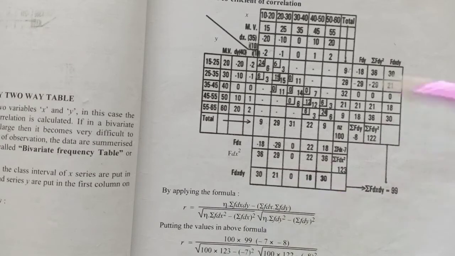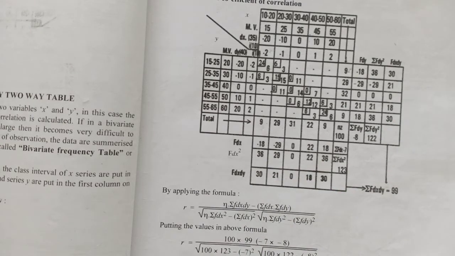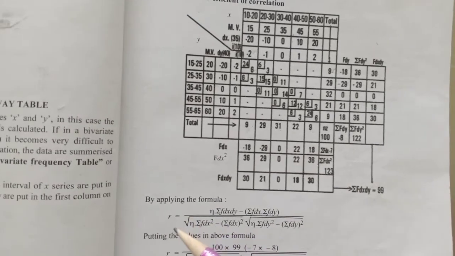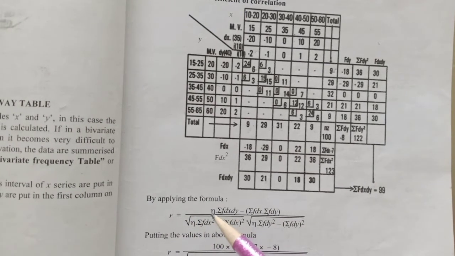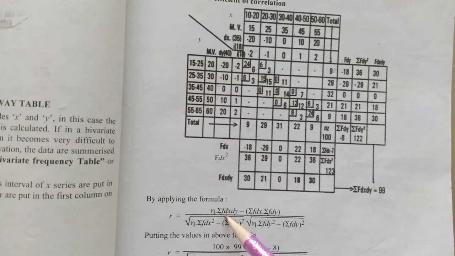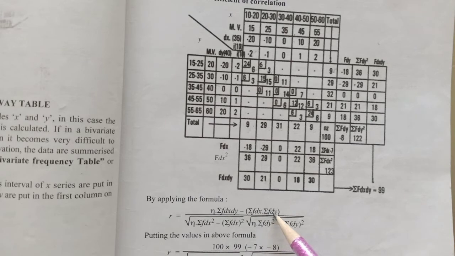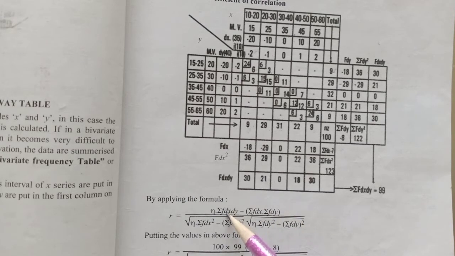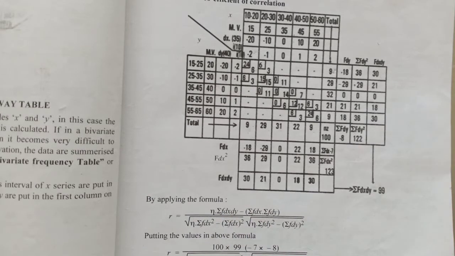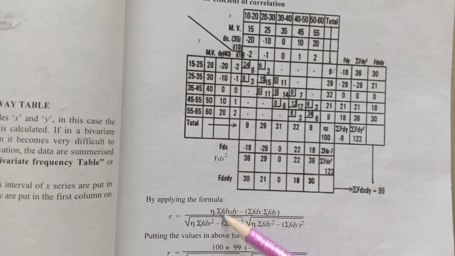Okay. Now notice the change in the formula. The formula is r is equal to n summation f dx dy minus summation f dx into summation f dy, upon under root n summation f dx square minus summation f dx whole square, into under root n summation f dy square minus summation f dy whole square. If you notice, in the previous example, the formula was as it is, but we did not have f.